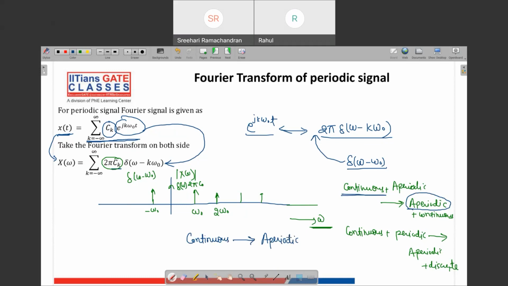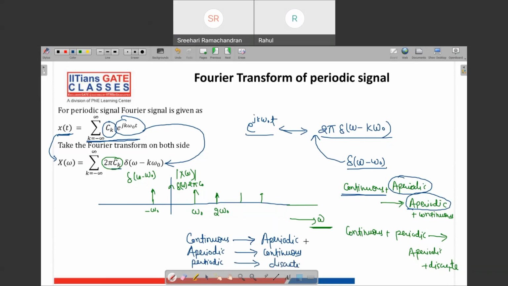Whenever the signal is aperiodic in the time domain, in the frequency domain it will be continuous. And whenever the time domain signal is periodic, in the frequency domain it will be discrete.